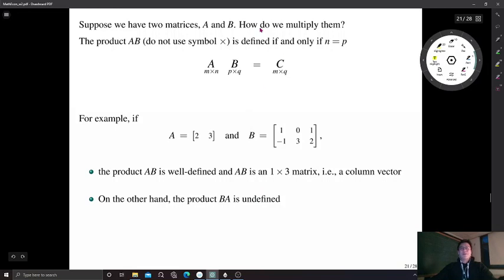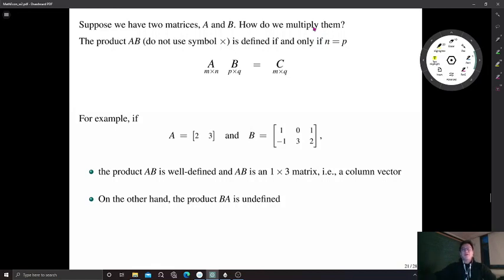So the question we are going to address in this video is, we have two matrices A and B. How do you multiply them? And just like addition, we need some conformability condition, using our textbook terminology. So addition is defined only under certain conditions.